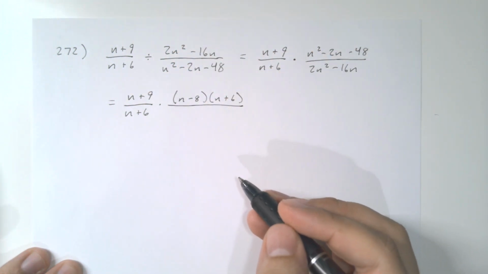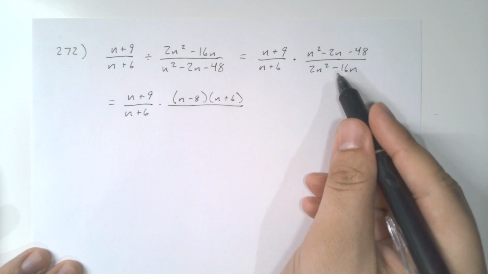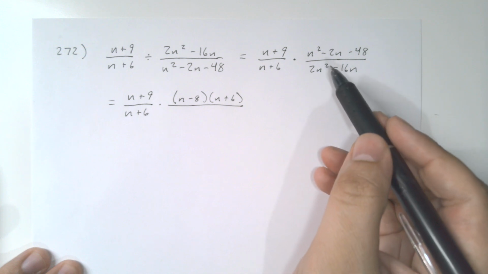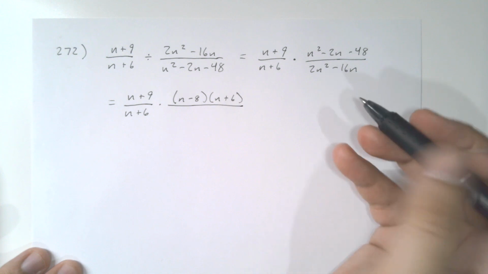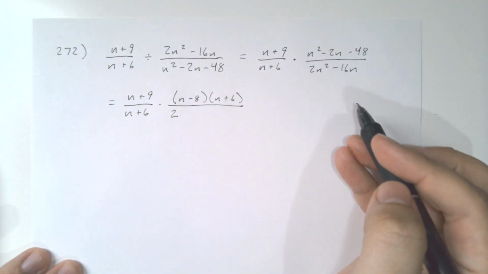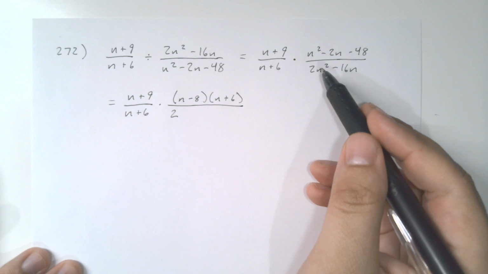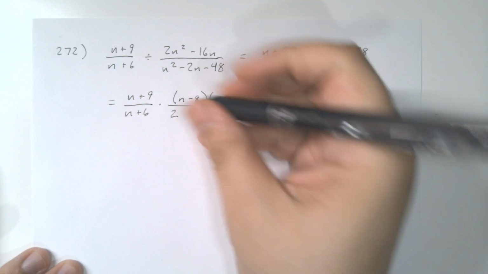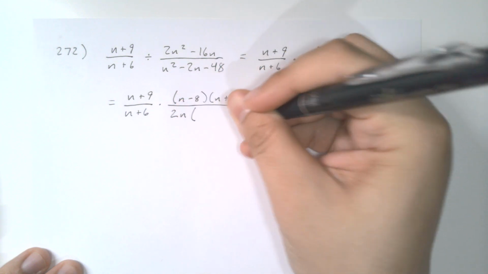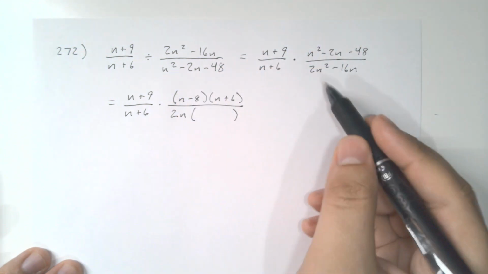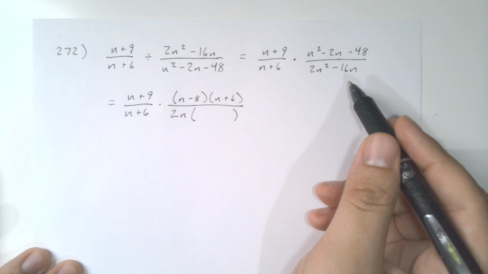And now this is all over 2n squared minus 16n. Well, what's the greatest common factor between 2 and 16? That would be 2. And the greatest common factor between n squared and n is n. So now we need to figure out 2n times what gives us 2n squared minus 16n.